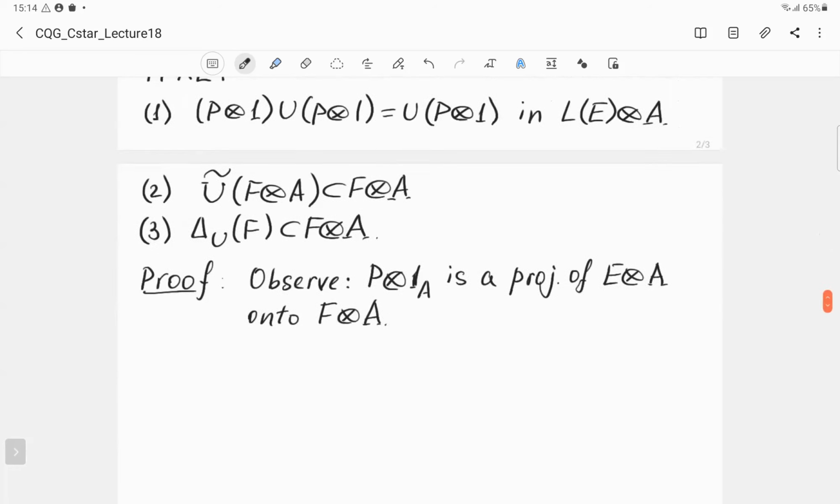Now, condition 1. First of all, we write condition 1 in a slightly different way. We replace L of E tensor A by the isomorphic algebra of endomorphisms of E tensor A, and we get the following equality. So U will be replaced by U tilde.